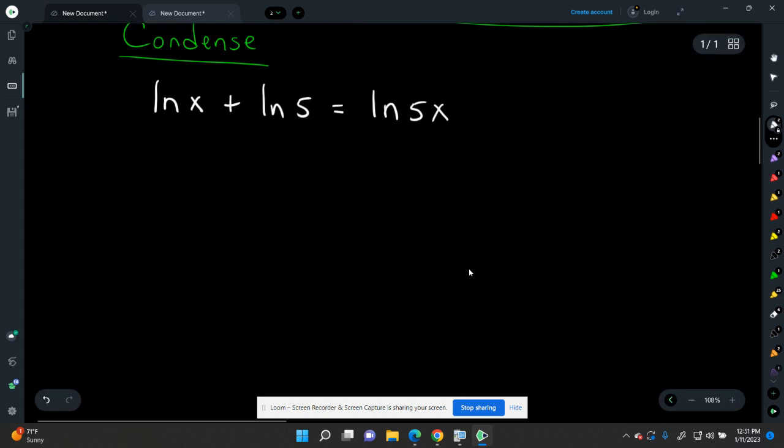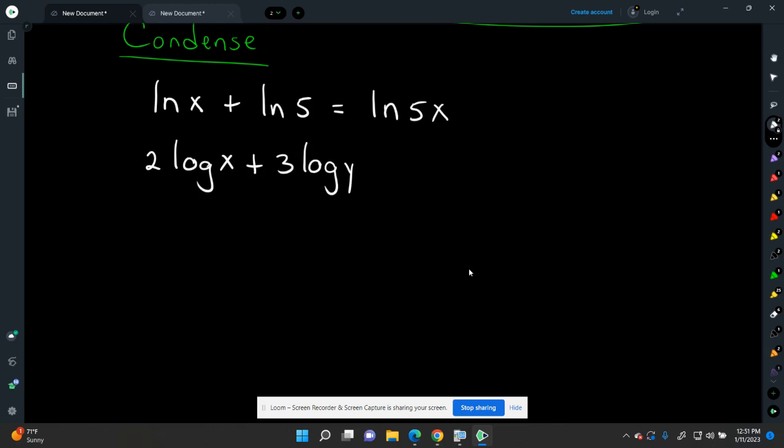Okay, next one, 2 log x plus 3 log y. Just like your order of operations, do your exponents first. So let's rewrite this. Where did that 2 come from? Well, that was an exponent.